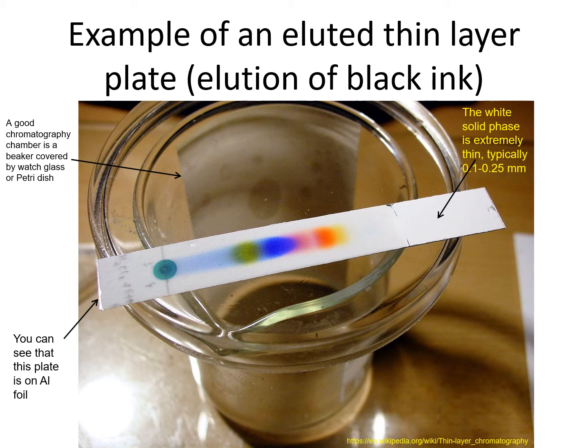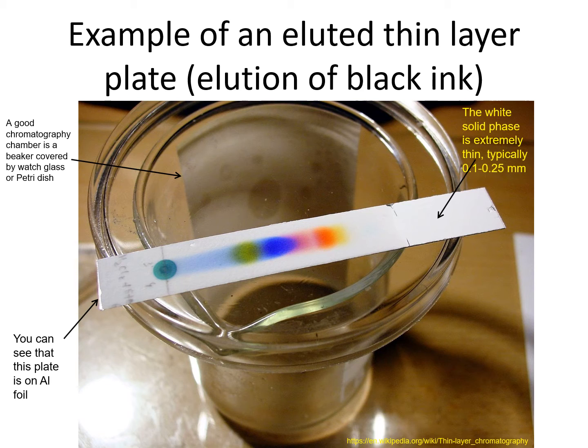If you see the bottom tip, you can see a silvery shiny part that shows us the supporting material is aluminum foil. The white powder is the silica gel, which serves as our solid stationary phase. This solid phase is actually coated in the factory.